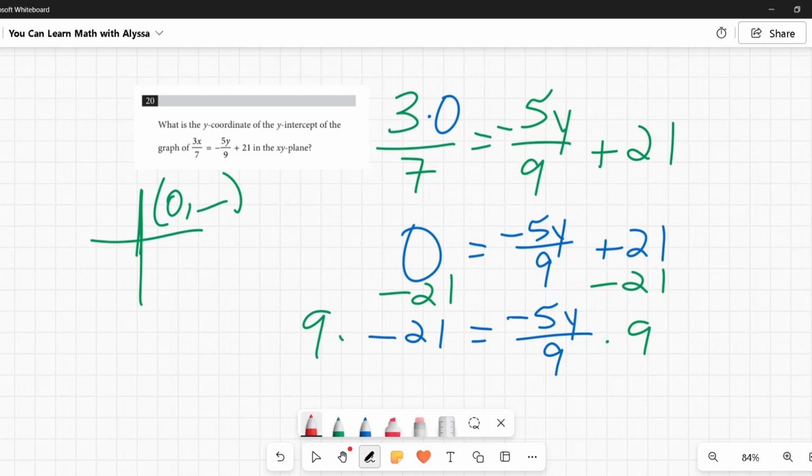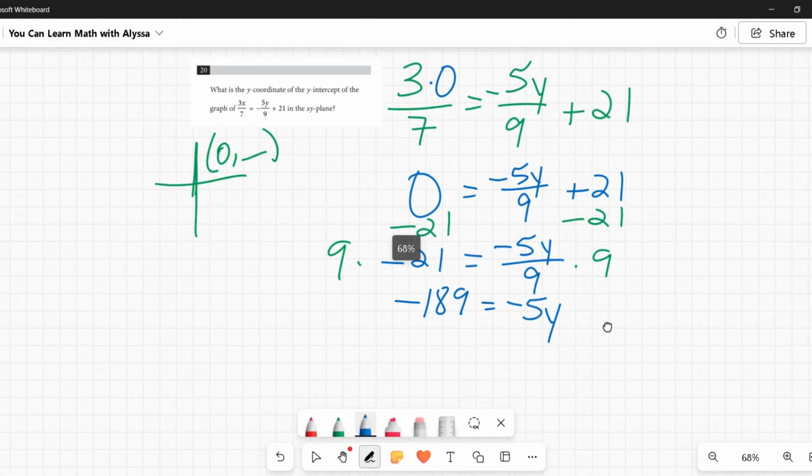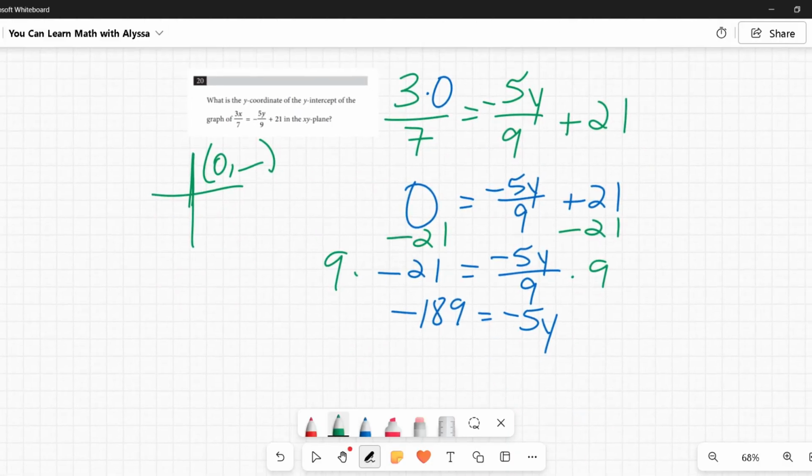So on the left, negative 21 times 9 is negative 189 equals negative 5y. Then I want to undo that multiplying by negative 5, so I divide both sides by negative 5, and I get that y is equal to 37.8. All right, that's the second way.